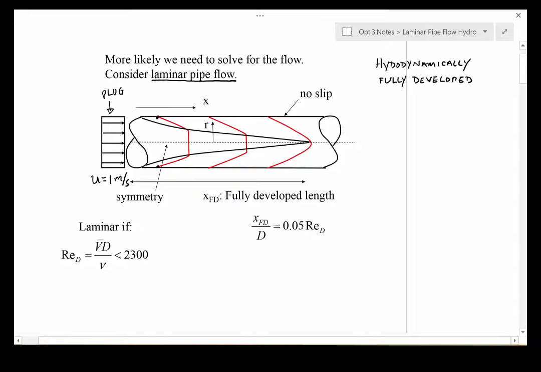For the mass flow rate to be equal at the inlet and at any point downstream, there has to be an acceleration in the core. So whatever the velocity had been, it has to have increased within what is often called the potential core to make up for the fact that it's being retarded in some layer near the wall.